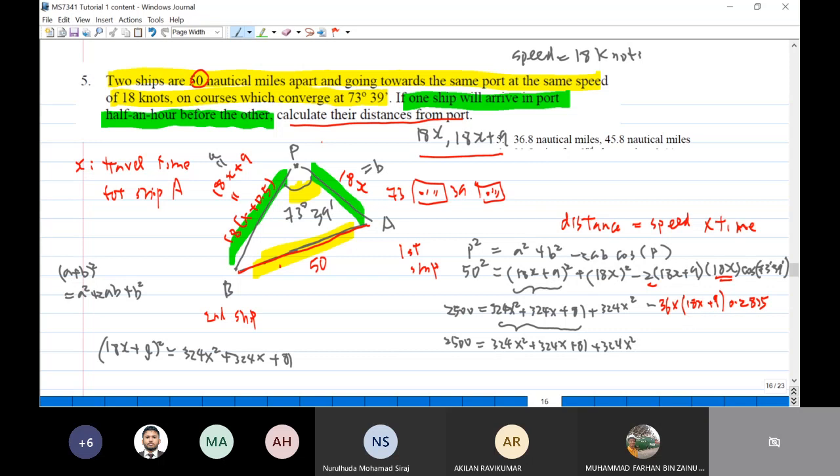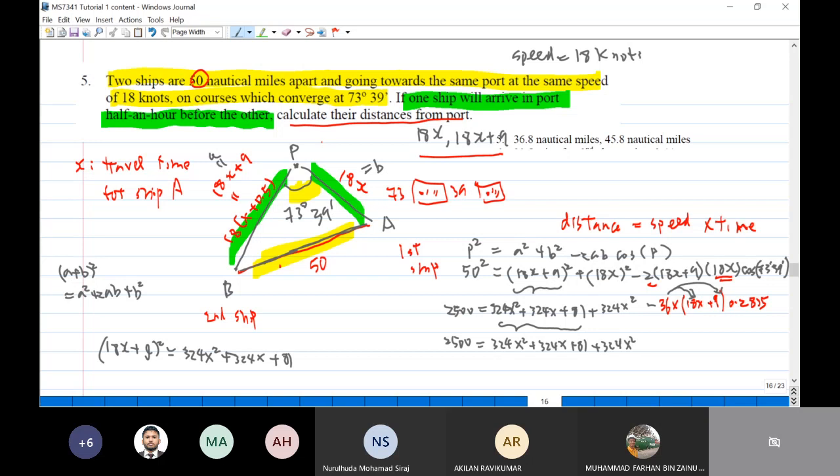Then afterward they multiply by 0.2835, right? So 36 times 18, then 36 times 9, right?